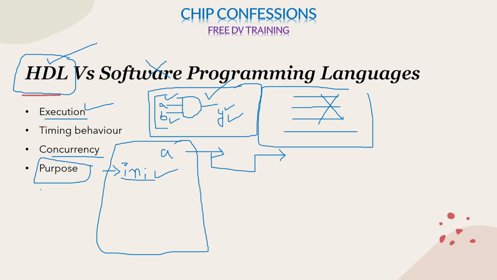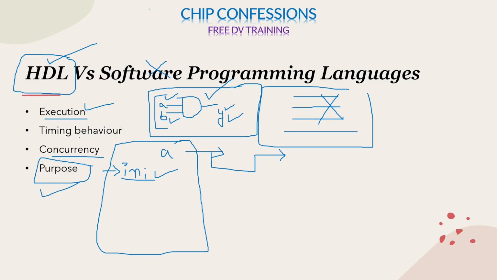We are using HDL to model digital circuits or digital systems, whereas software programming languages are majorly used to perform calculations or build databases, HMI or GUI interfaces, a stack, and such things. Examples of HDLs, as we saw in the previous slides, are Verilog, VHDL, SystemVerilog, or SystemC.